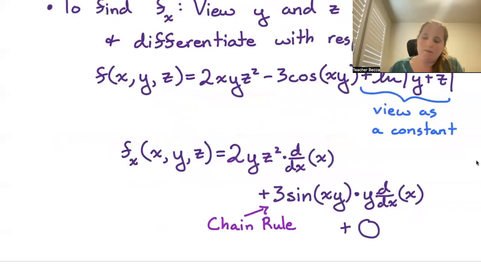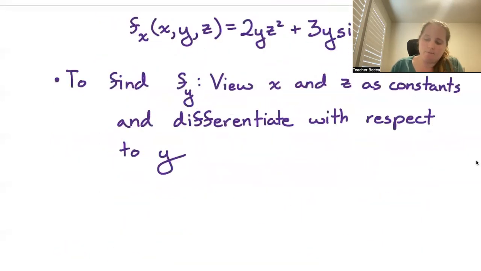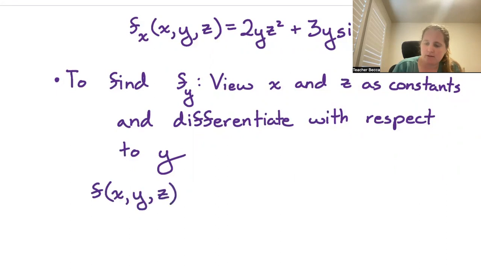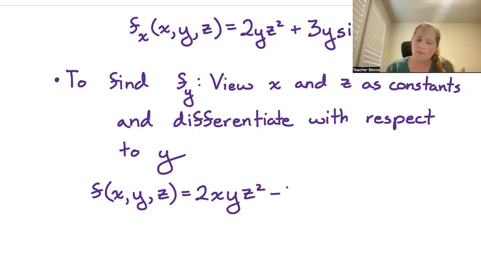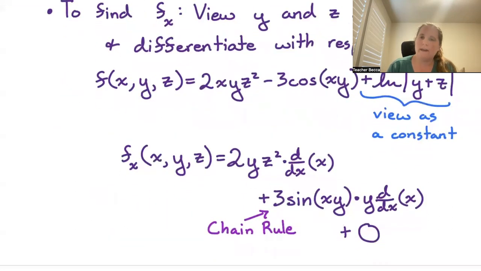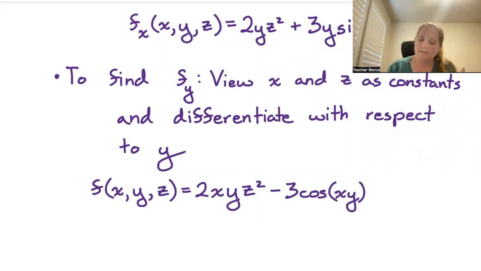So again, our f of x, y, z was equal to 2xyz squared minus 3 cosine of xy plus the natural log of the absolute value of y plus z.